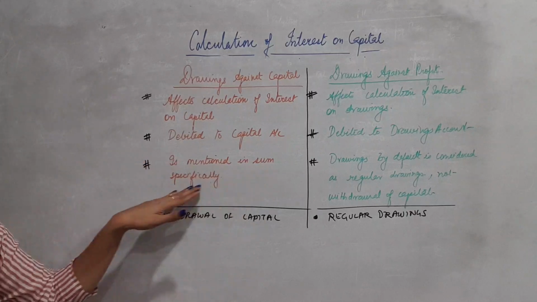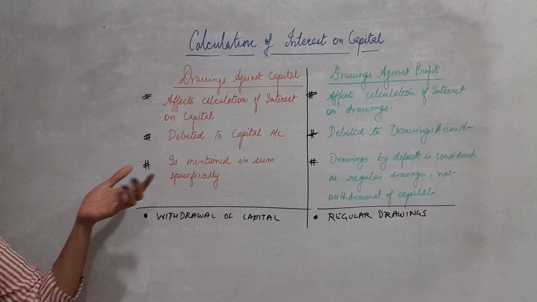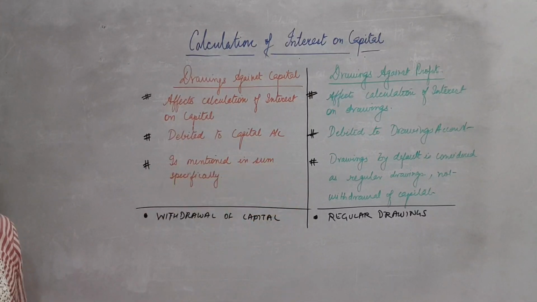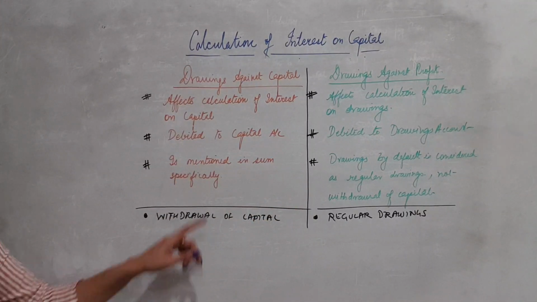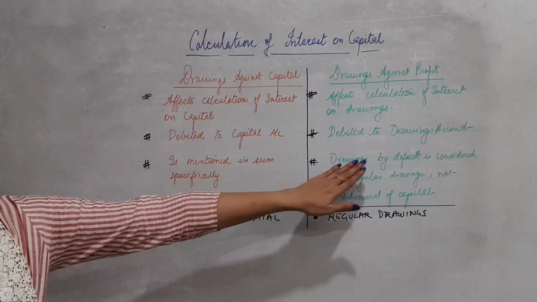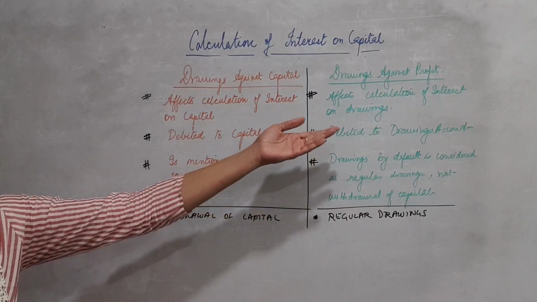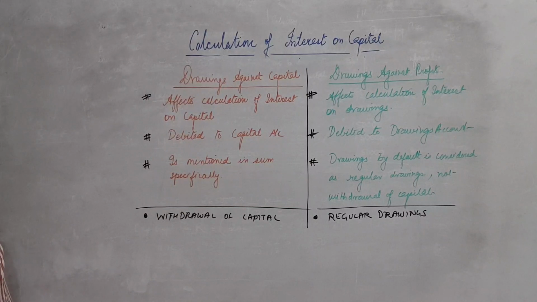Here, and this is of course just for the practical part of it. Okay, this is not a distinction as such, but this will be important for you to understand for solving sums. If drawings is simply given in the sum, it should be taken as drawings against profit. Regular drawings. Partner withdrew 10,000. Means what? Partner has withdrawn against profit 10,000. That's implied.